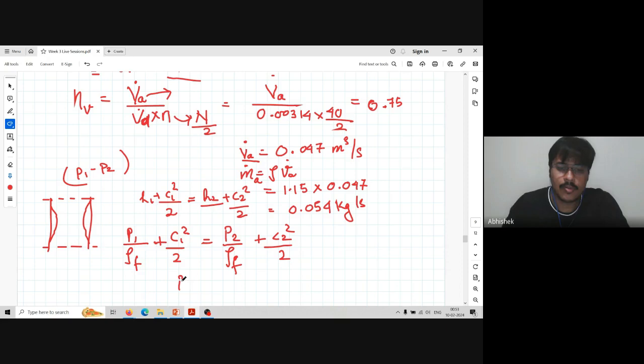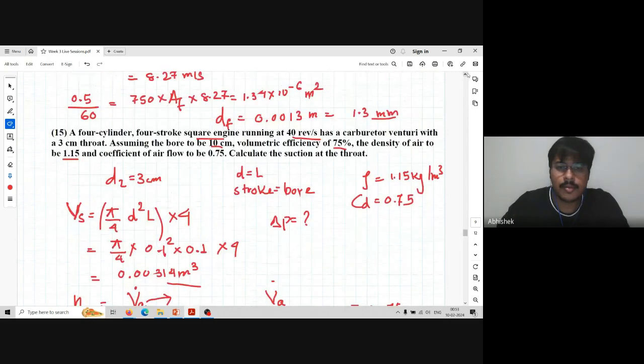It is asking P1 minus P2, which will be rho F into C2 square by 2. Do you have C? Velocity is given? No, the velocity is not given.